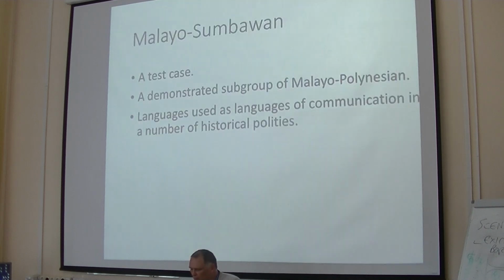So, recall Malayo-Sumbawan, we return to the Pacific. This is a nice test case because Malayo-Sumbawan is a well-established subgroup of Malayo-Polynesian, which is the Austronesians out of Taiwan. Also, a number of these languages have been very politically important in the area.